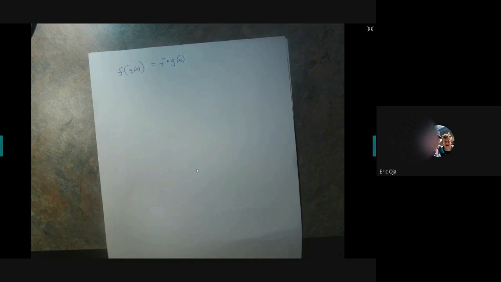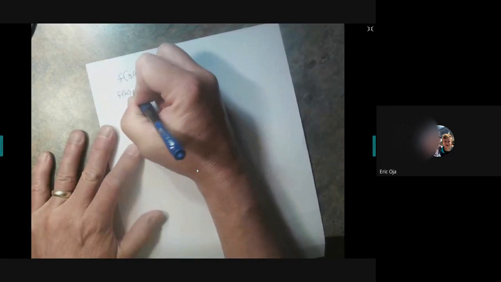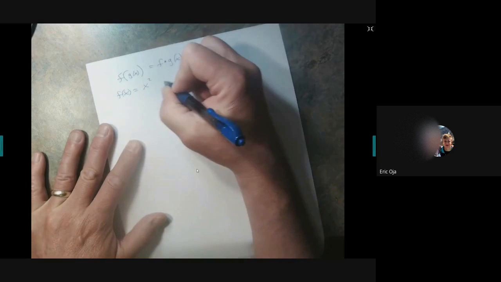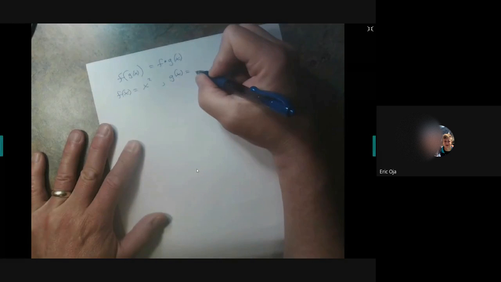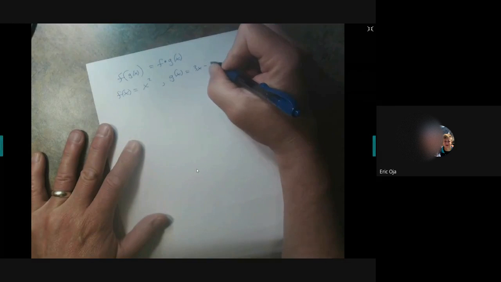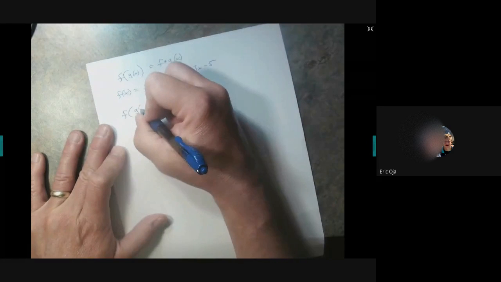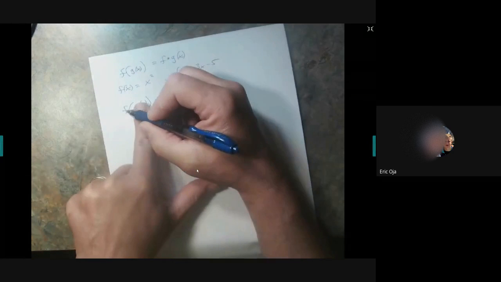So for example, let's define two functions here. Say f of x equals x squared, and g of x equals 3x minus 5. Then f of g of x means I'm going to put g of x into the rule f.